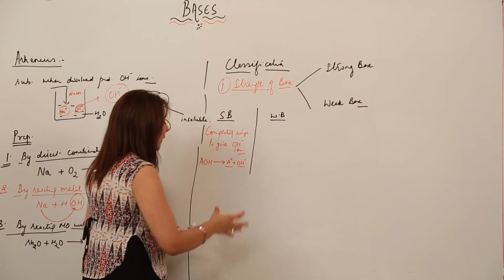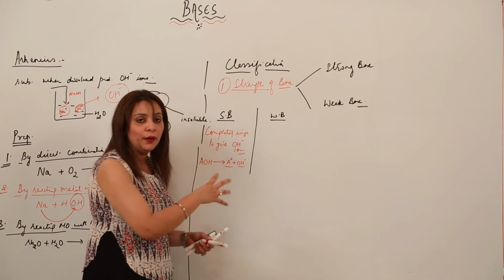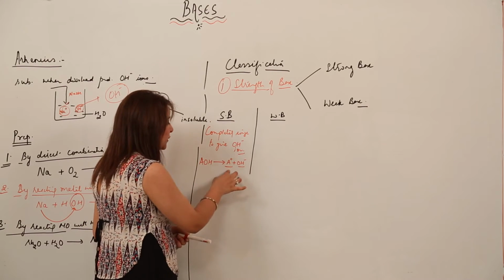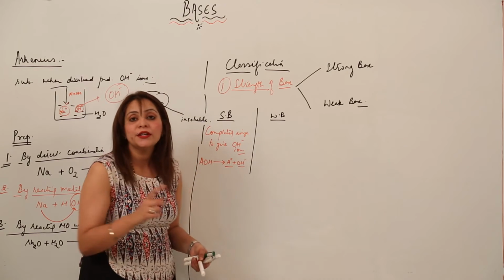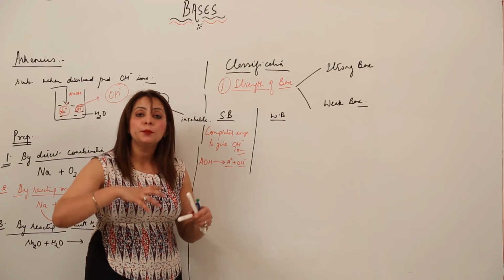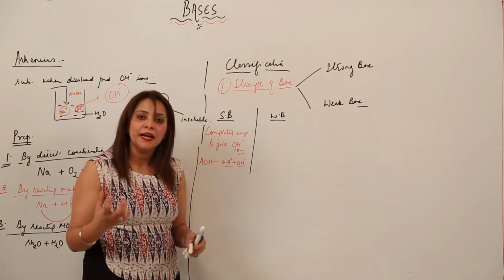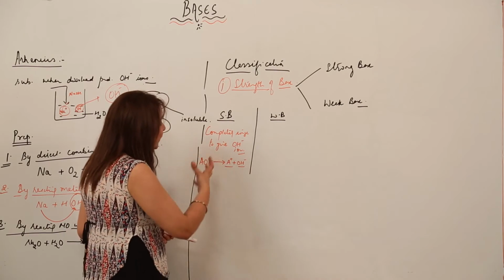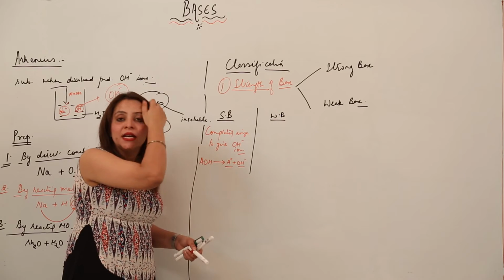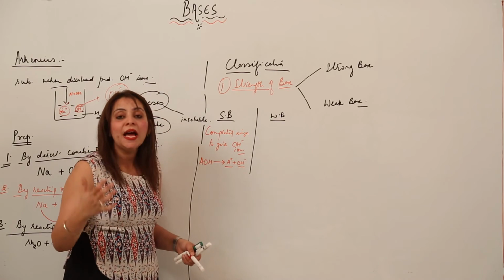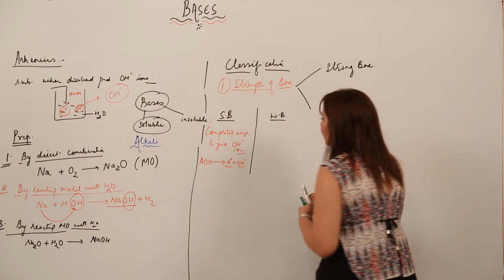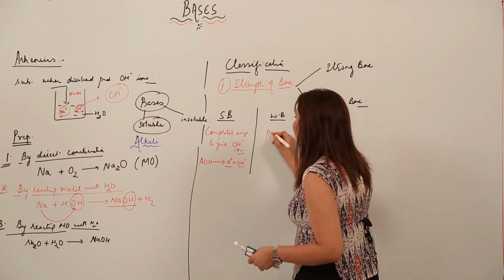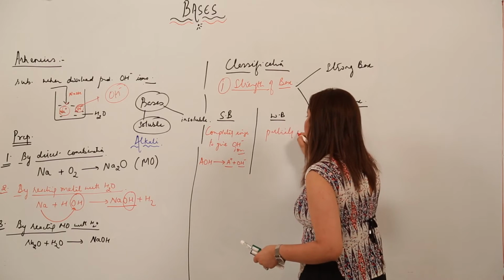That means in solution, after dissolving AOH in water, we are going to get A positive and OH negative, and in the whole solution we won't be able to find any AOH molecule because it has been completely dissociated to produce A positive and hydroxide ion. If you see this kind of thing in water, the strength is very high and it acts as a strong base. And when we talk of a weak base, a weak base is one which gets partially ionized.